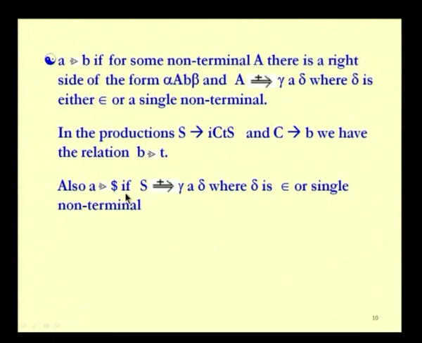So, the only possible action there is reduce, or carry out as many reductions as possible for the handles available on top of the stack. So, reduction is the only solution. That is what we mean here: we have A greater than dollar if S derives gamma A delta in some number of steps, where your delta is either a single non-terminal or epsilon.